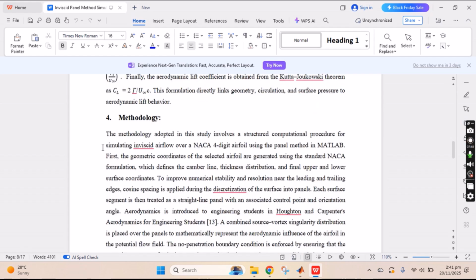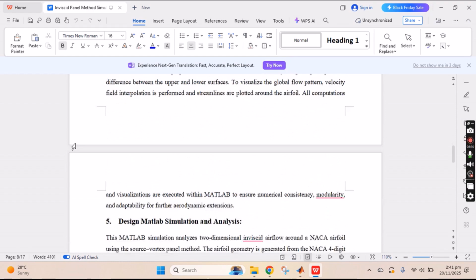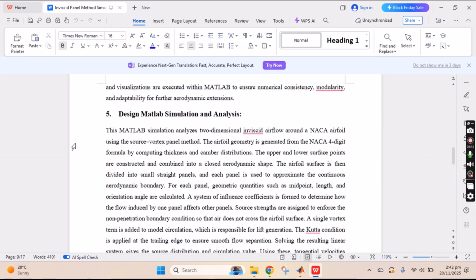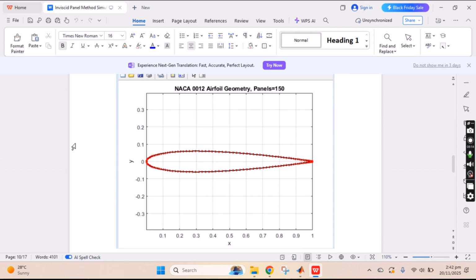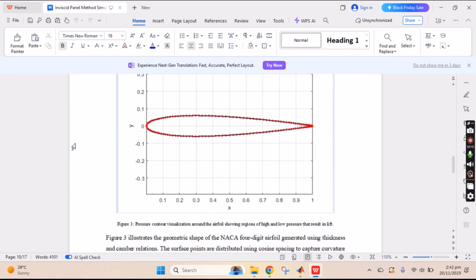And here is the methodology, where I described how I use MATLAB in terms of geometric coordinates, selected airfoil or generated standard NACA formulation, and how it defines the camber line, thickness distribution, and final upper and lower surface coordinates. So here is the MATLAB simulation with the analysis, and these are the output results for the airfoil geometry with 150 panels.